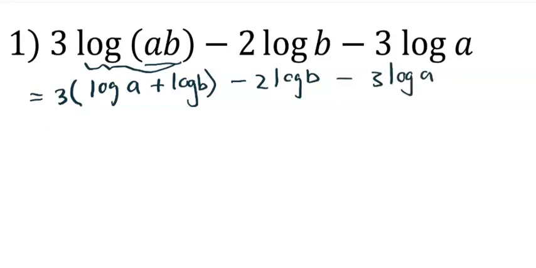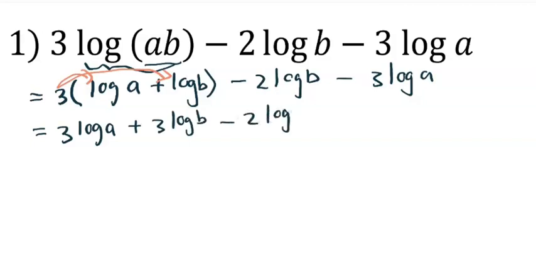Now I can take my distributive law and multiply the 3 in there, so I get 3 log a plus 3 log b minus 2 log b minus 3 log a.